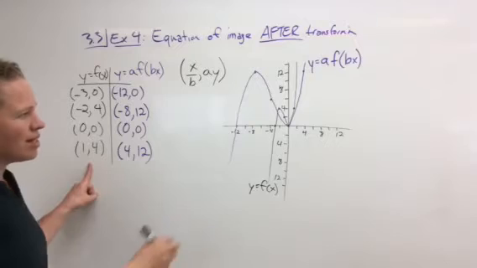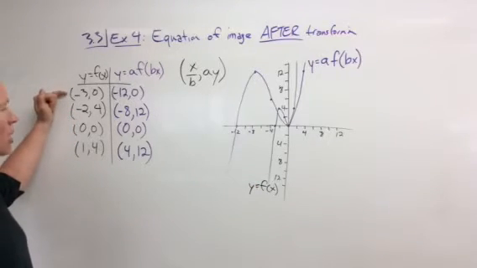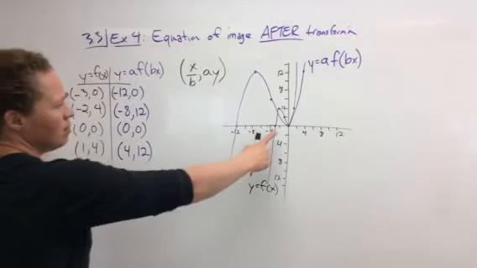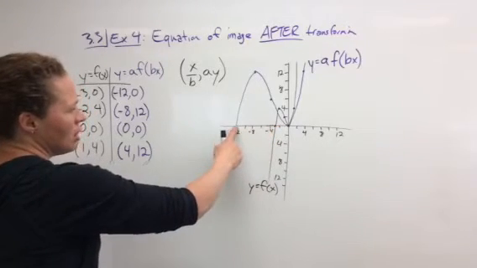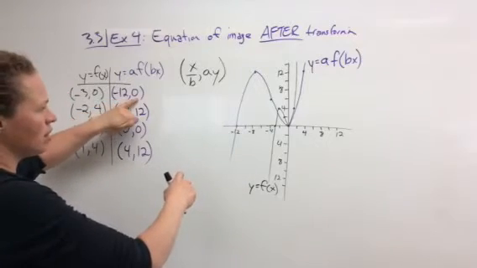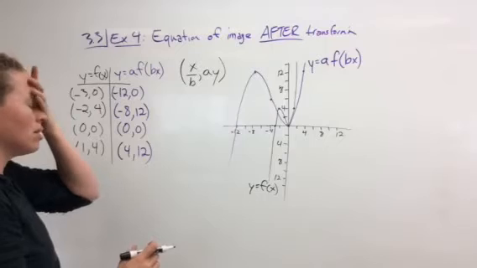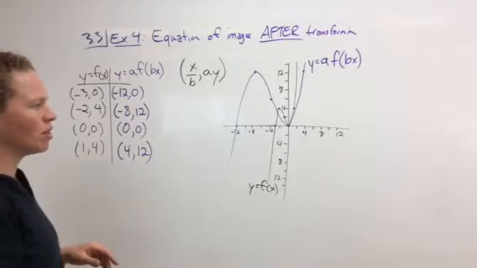The points that we can see on the black line, I've listed a few of them here, -3 and 0 here, which has stretched over to -12 and 0. It's just kind of looking at the points, how they correspond to the shape of the graph.